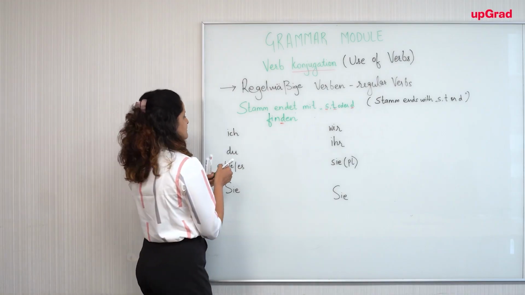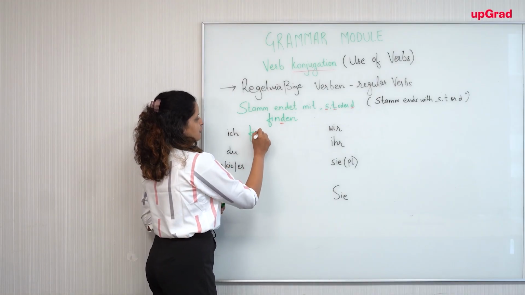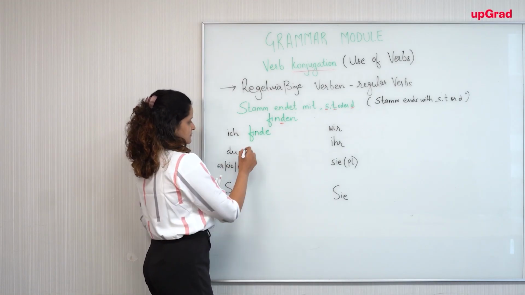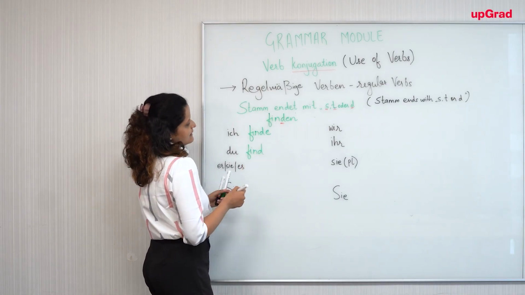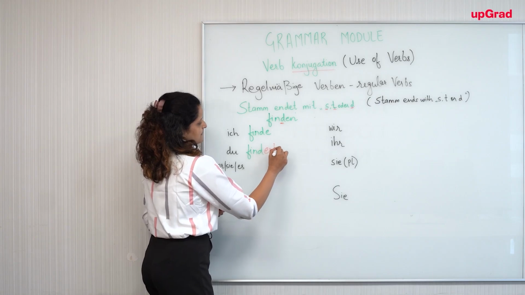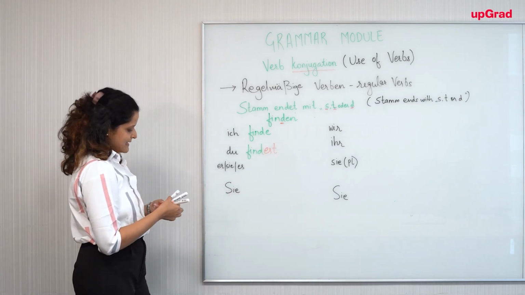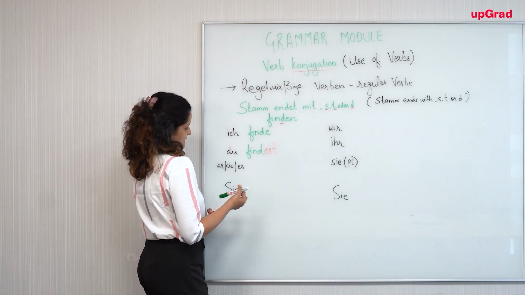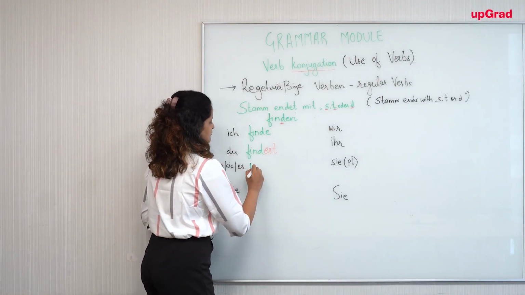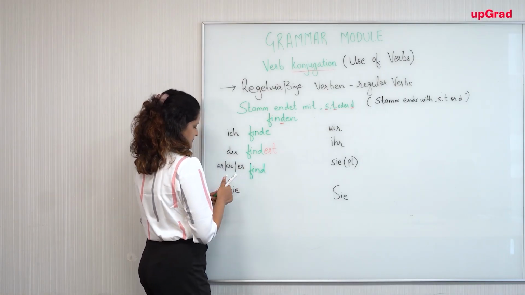So the conjugation becomes ich finde, du findest, with EST. Okay, er/sie/es findet.